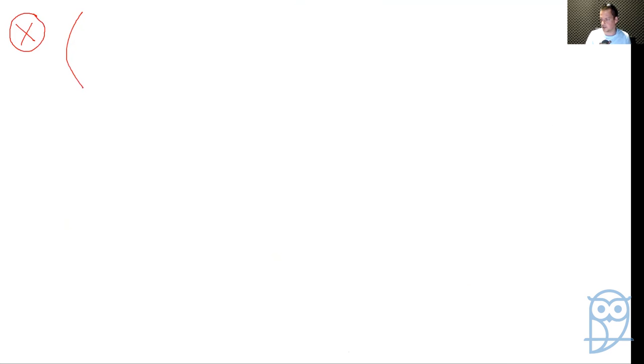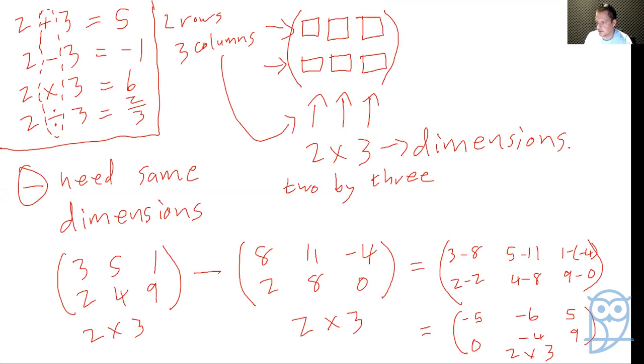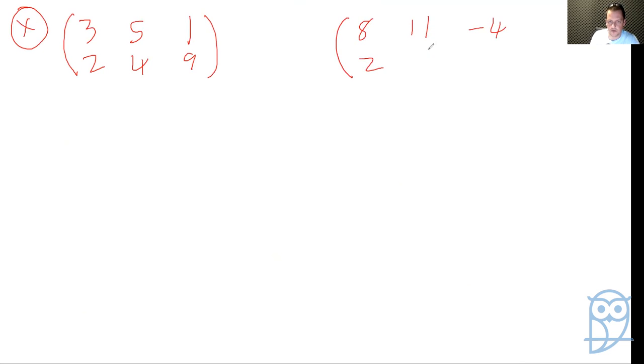So I am going to use the same example again, and unfortunately I did clear it, but I'm going to quickly try and pull it up again. All righty. So we had a 3, a 5, a 1, a 2, a 4, a 9, and then an 8, an 11, a minus 4, a 2, an 8, and a 0. If we try and multiply these matrices together, we are going to end up with a problem.